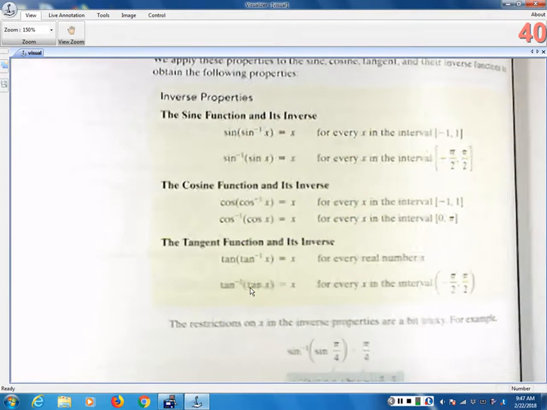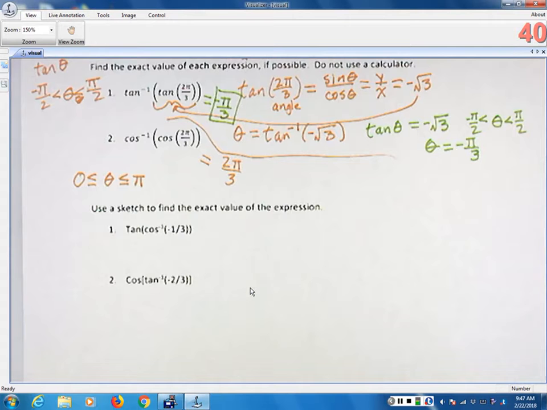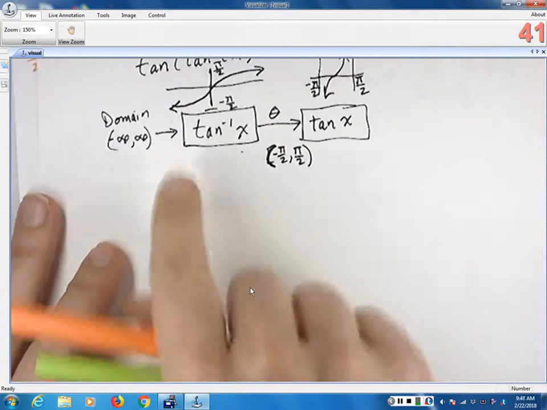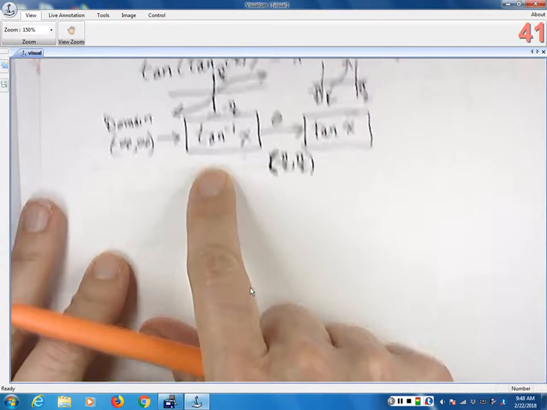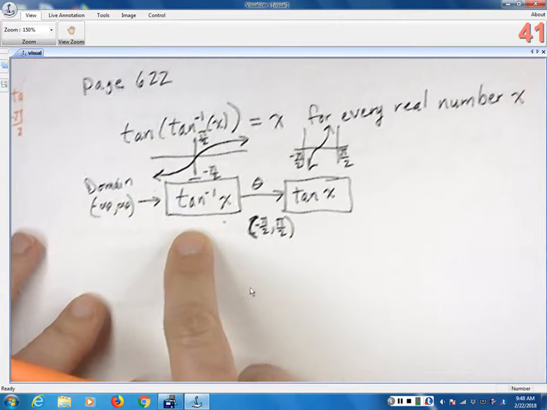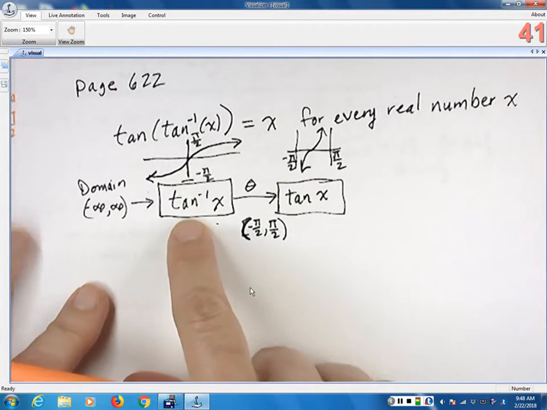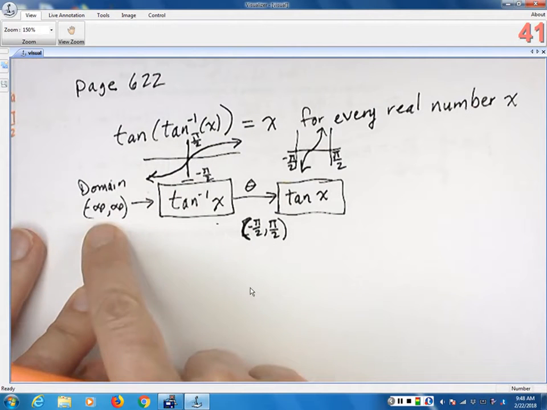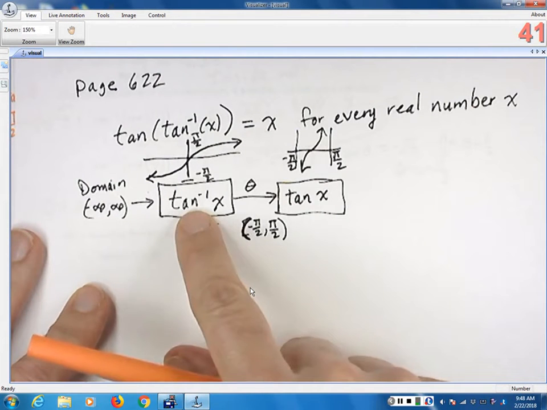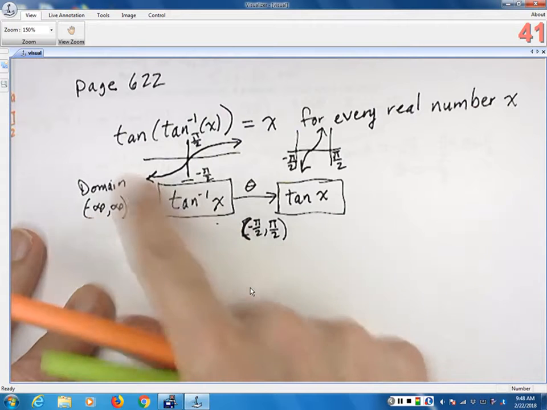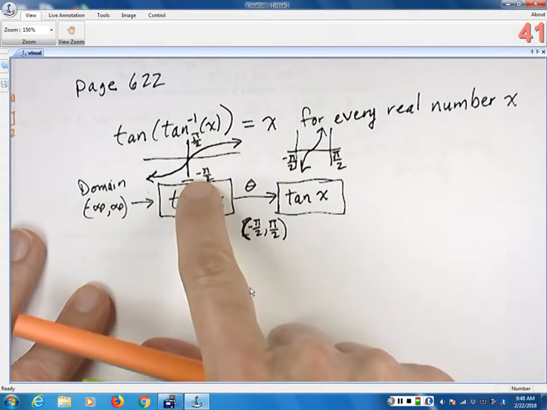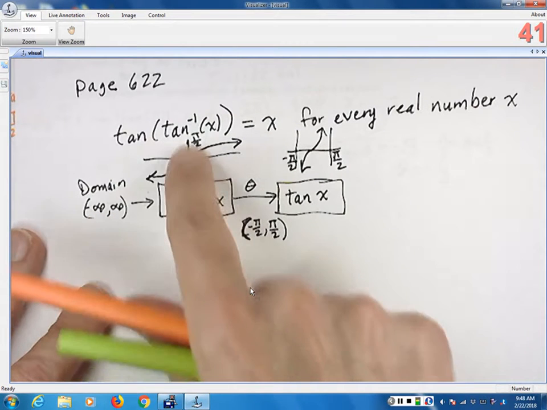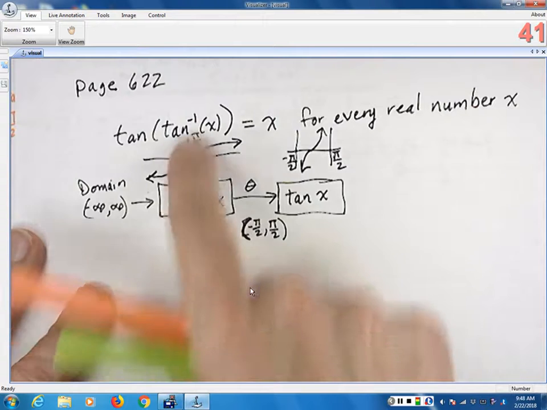So for that one, I drew a picture of that. If you're going into tangent inverse, here it is. The domain is all real numbers. Okay, x, the domain of x, is all real numbers. You're going to get out numbers between minus pi over 2 and pi over 2, not including those.